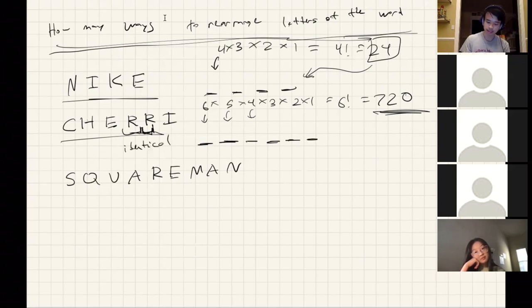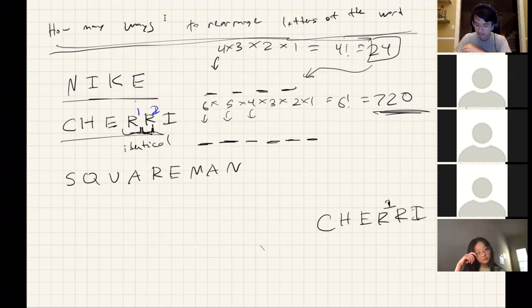If we assign numbers to the R's, R1 and R2, then we would be able to properly distinguish between R1, R2 being left and right, or a word like this, right? So if the 2 letters were somehow distinguishable, then we would be able to distinguish between these 2 words.